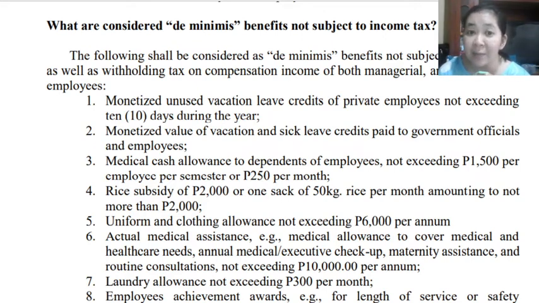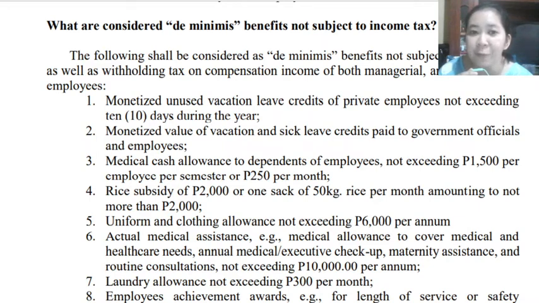Second, monetized value of vacation and sick leave credits paid to government officials and employees. So again, this is like number 1, meaning the vacation and sick leave of the employees were not taken, so they convert it into cash. Third, medical cash allowance to dependents of the employees, provided it should not exceed 1,500 per employee per semester, or that is equal to 250 per month.